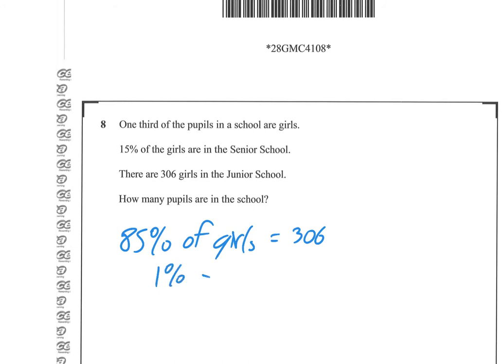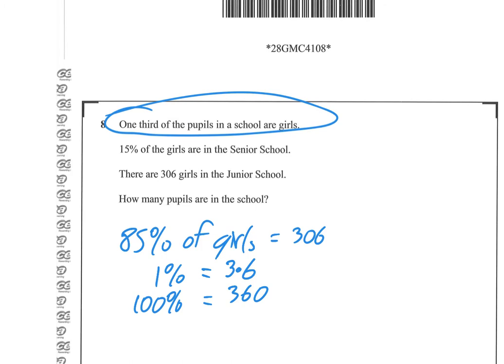So I've done that just by dividing by 85, and that gave me 3.6. That means 100% of the girls, or all the girls, is going to be 360. Okay, next thing it says, 1/3 of the pupils are girls.